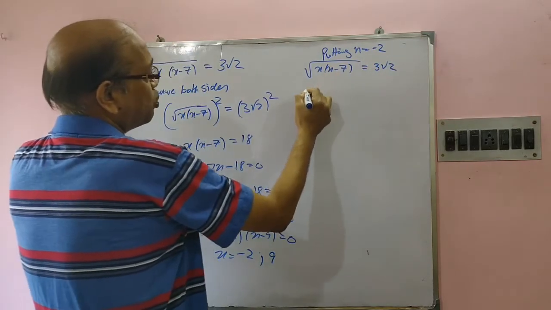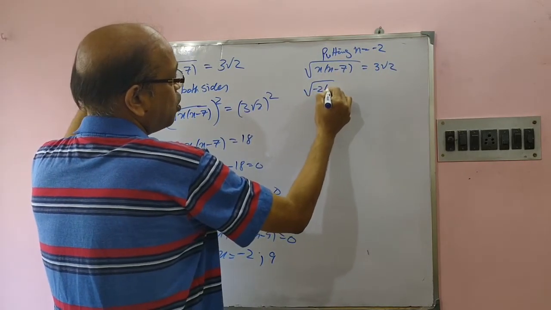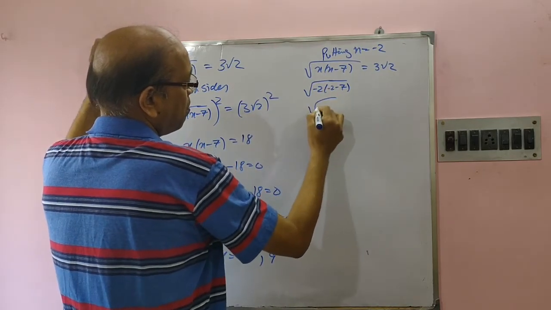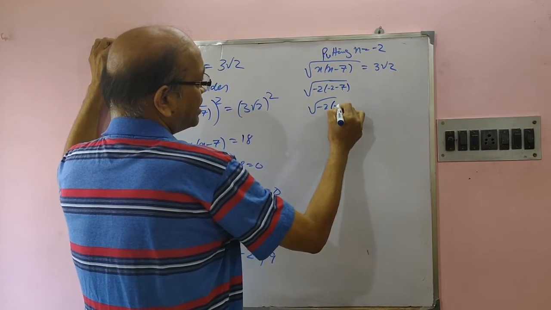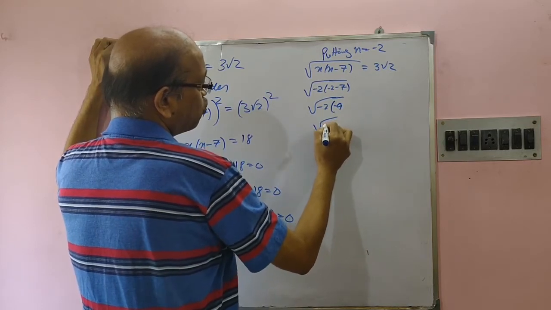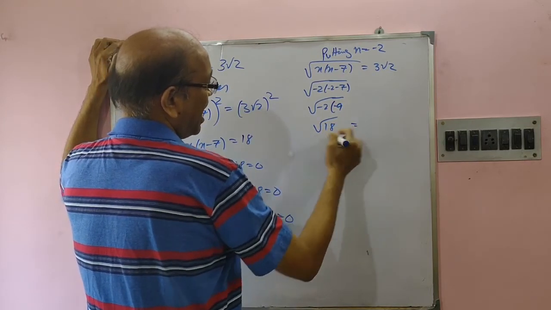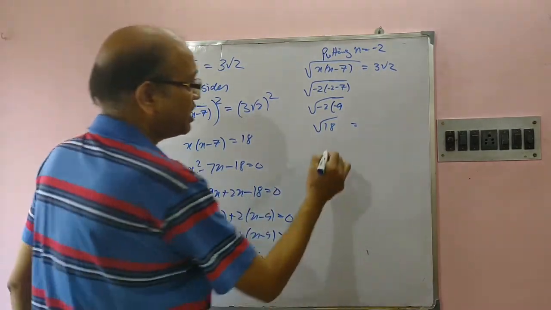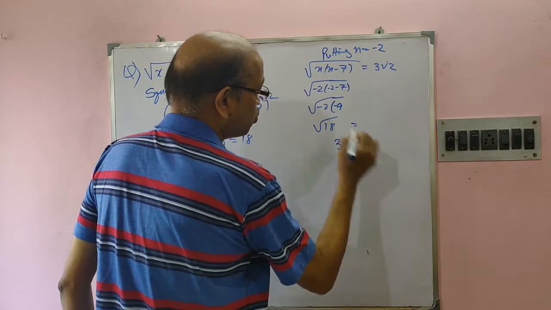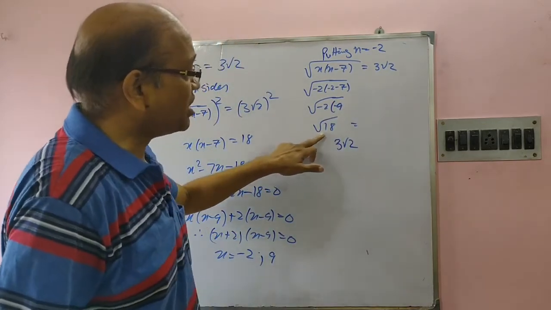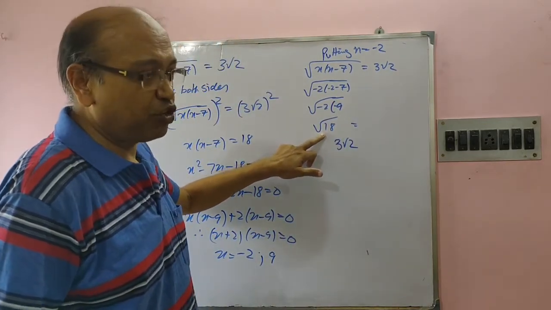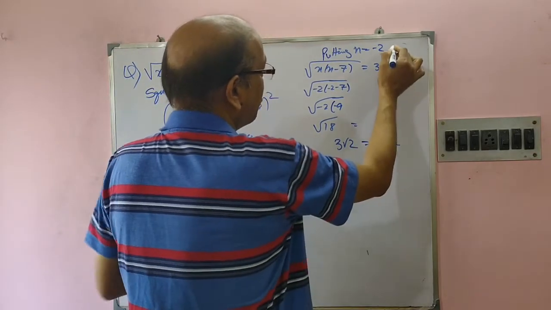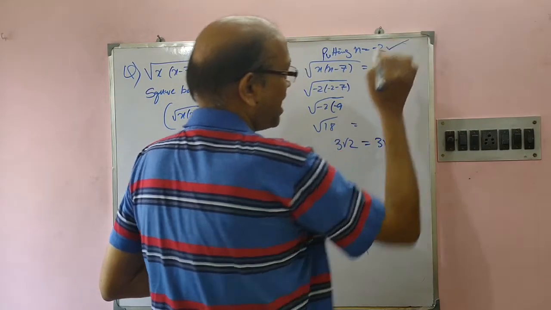Putting x equals minus 2 means minus 2 into minus 2 minus 7, so this means minus 2 into minus 9, which means root of 18. Root of 18 is 3 root 2, and we always take the positive value of the root, which is also on the right hand side, 3 root 2. Therefore x equals minus 2 is a valid answer.